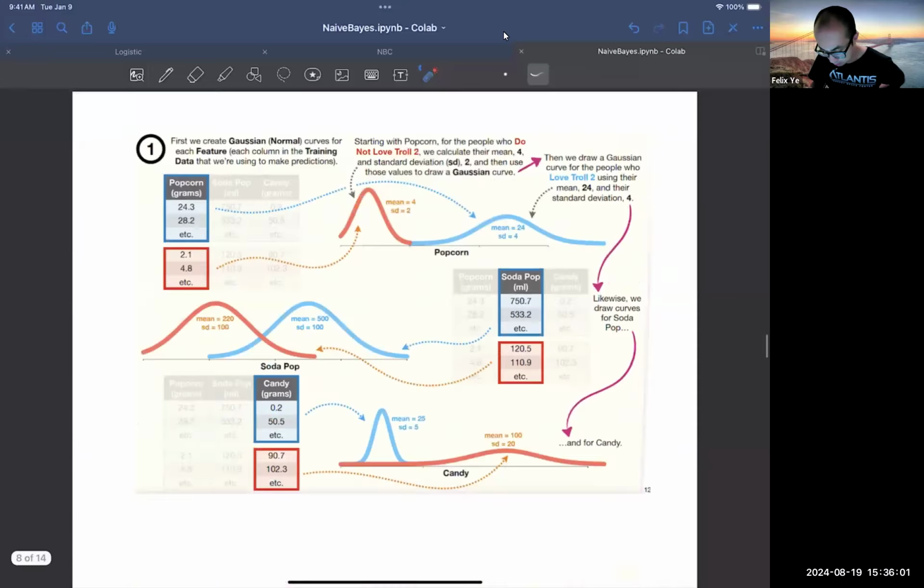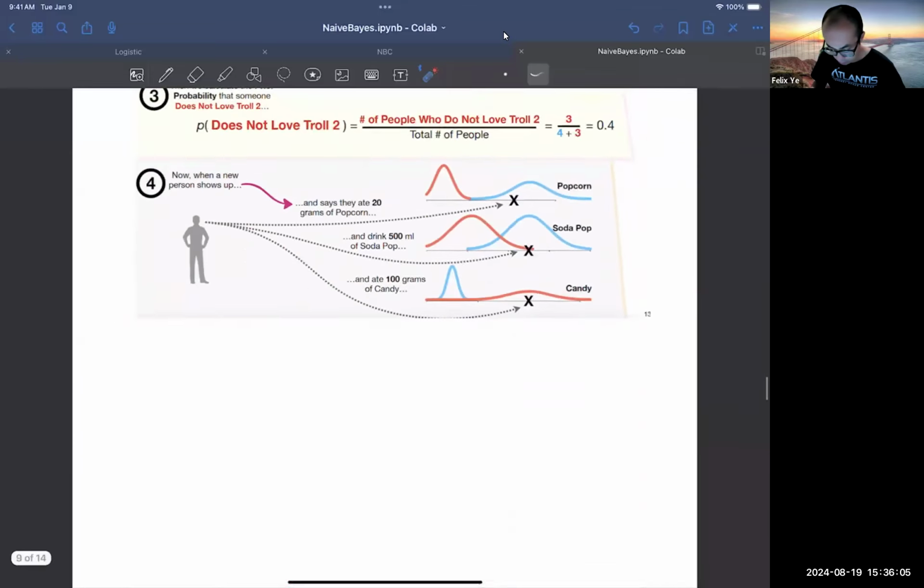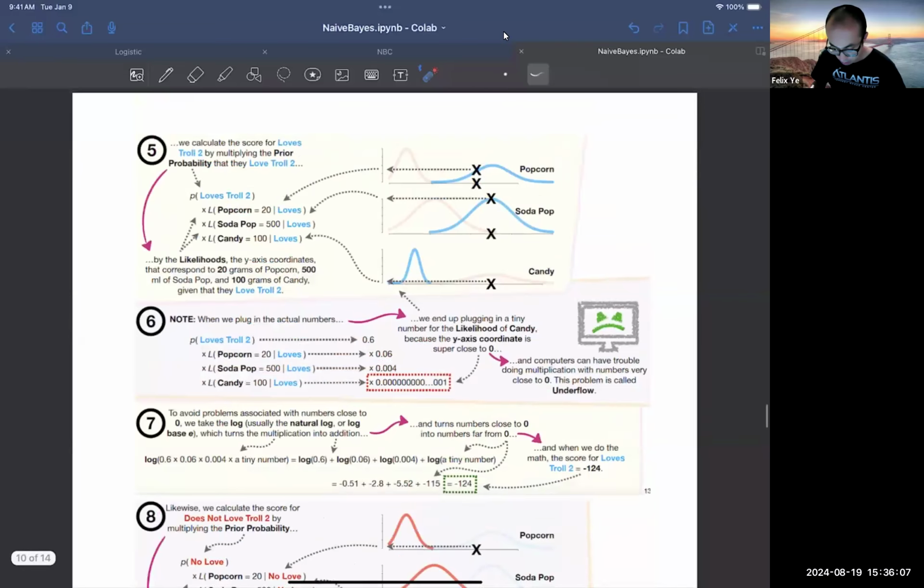So this is much more convenient, and all we need to do is plug in the likelihood probabilities and multiply them together. But we need to be careful: because of the underflow problem, we cannot just multiply the likelihoods together. Instead, we should take the logarithm of the likelihood and sum them together. It is much more manageable than multiplying these tiny numbers.